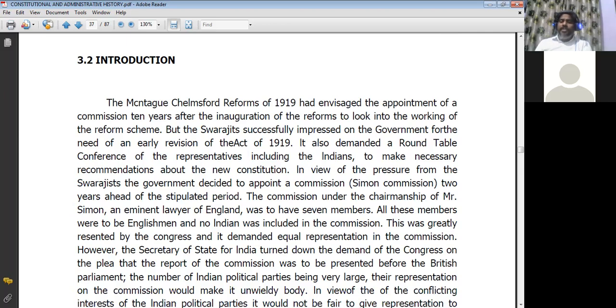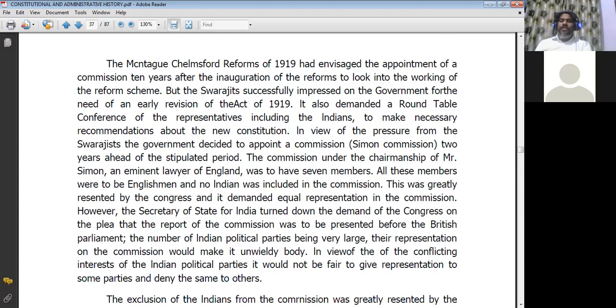However, the Secretary of State for India turned down the demand of the Congress on the plea that the report of the commission was to be presented before the British Parliament. The number of Indian political parties being very large, representation on the commission would make it an unwieldy body. In view of the conflicting interests of the Indian political parties, it would not be fair to give representation to some parties and deny the same to others.